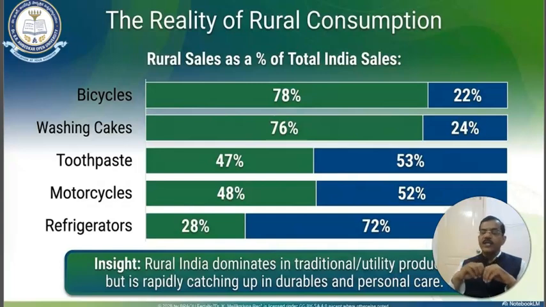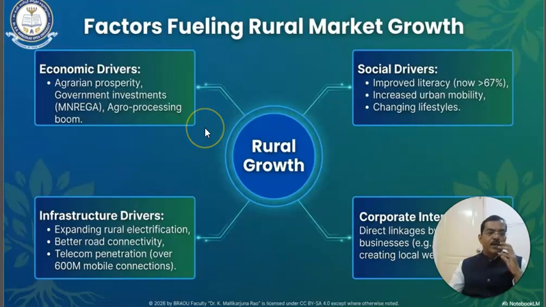The rural India dominating traditional and utility products, but rapidly catching up in durables as well as personal care products of the rural consumer, friends. Coming to what are the factors or fuel for rural market growth? Here, there are four sets of drivers at work.